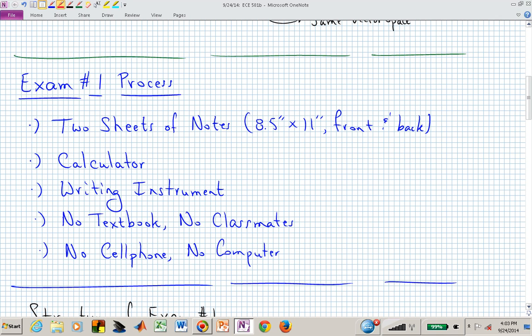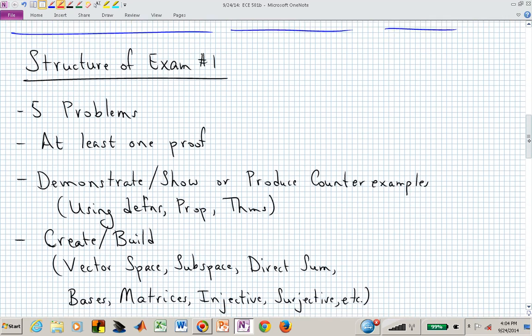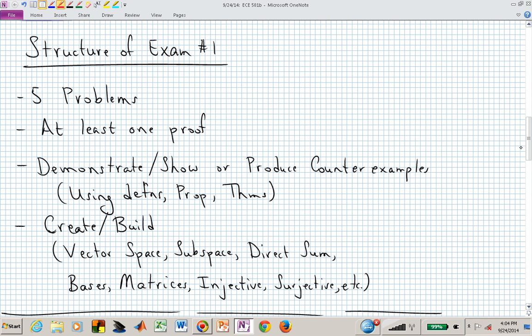No textbook, no classmates, no cell phone, no computer. I think that's fairly clear. The structure of exam number 1, I'm thinking there will be 5 problems, at least 1 proof. There could be 5 proofs, since I'm saying at least 1. I'm leaving the door open, but there will be at least 1 proof on the exam.